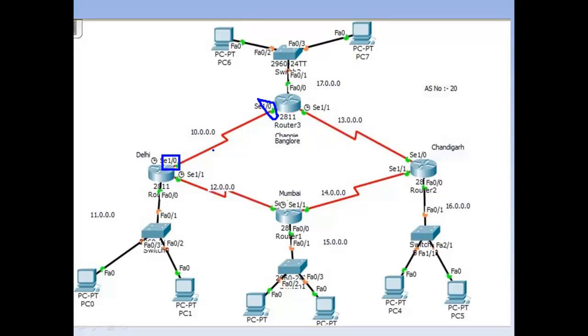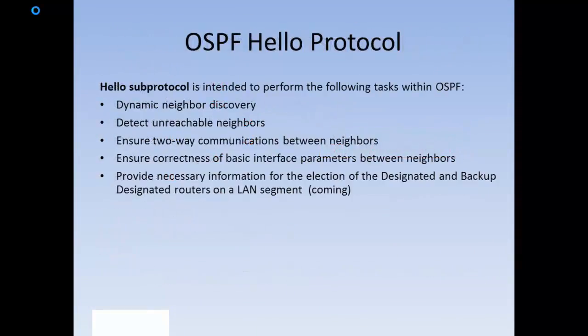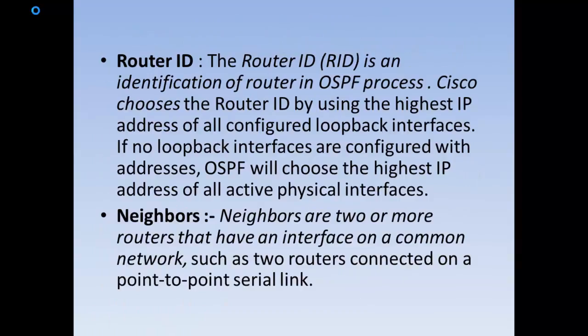On both interfaces, the hello timer and dead interval should be the same, and the network type should be the same. Similarly on this particular interface and this one, the timers should be the same, then they become neighbors. If the parameters are not matching, then they never become neighbors. So they should be identical.